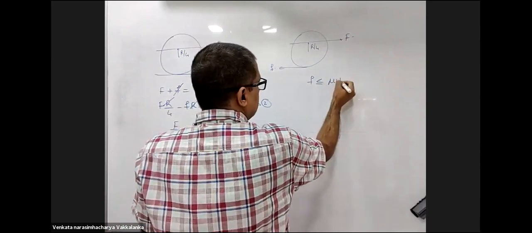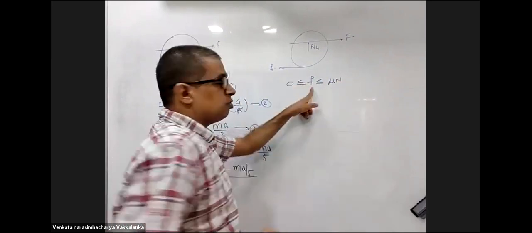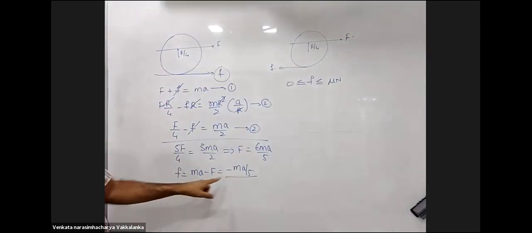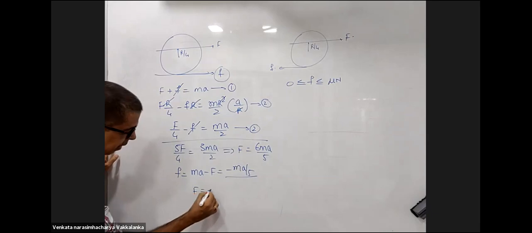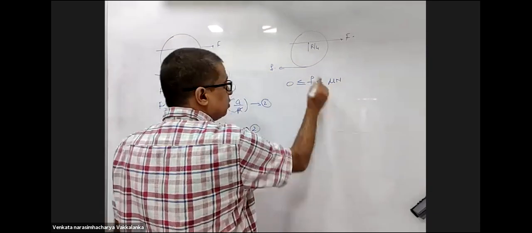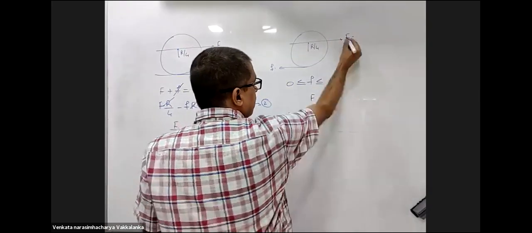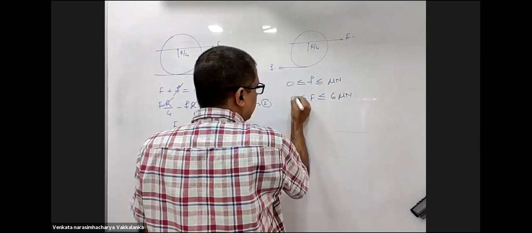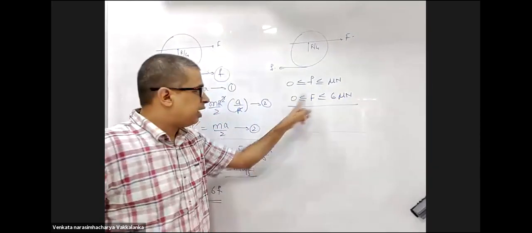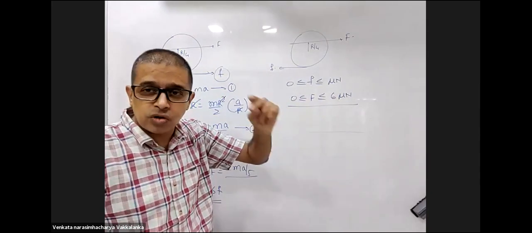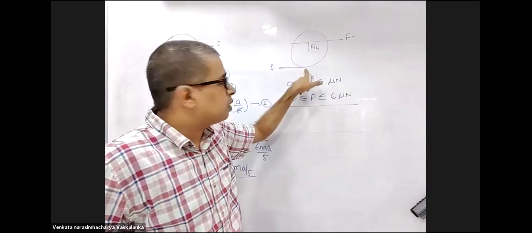Friction should be less than mu(n) and greater than 0. These are the limiting values for friction. And you are getting capital F is 6 times small f. So in this case, if I apply a force less than 6 times mu(n) and greater than 0, any value between this, the body will roll.